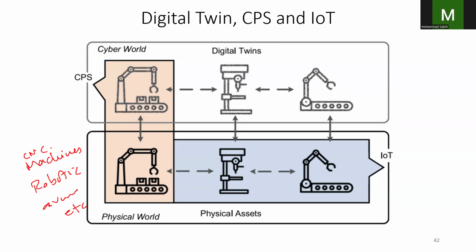So at the bottom we see all the physical assets. On the top half we see the cyber world, where the digital twin resides, which is the real-time virtual model of those machines.